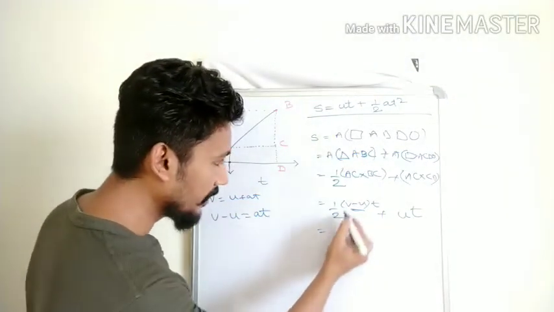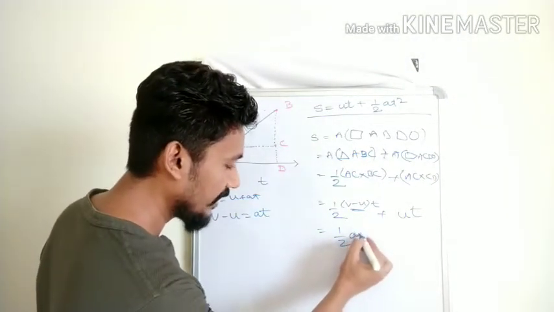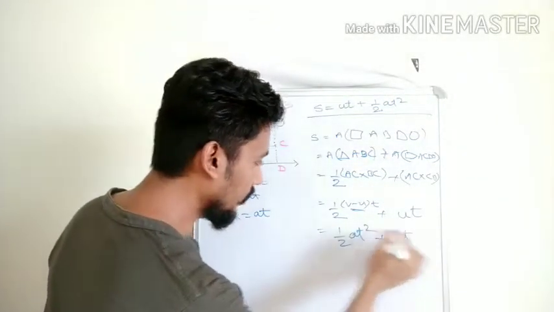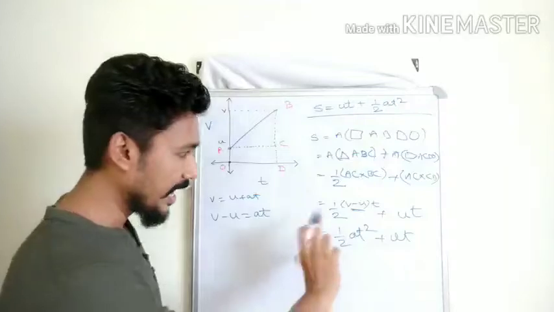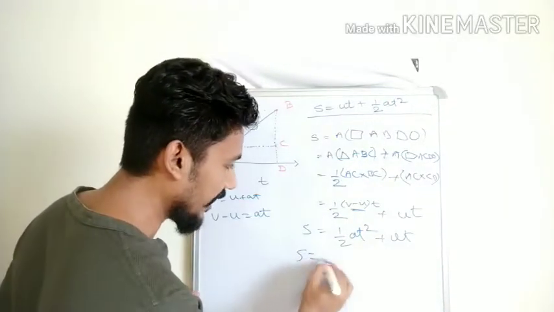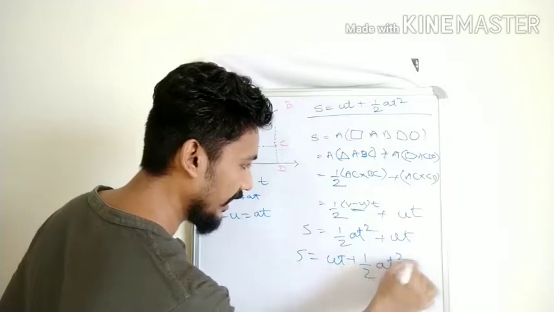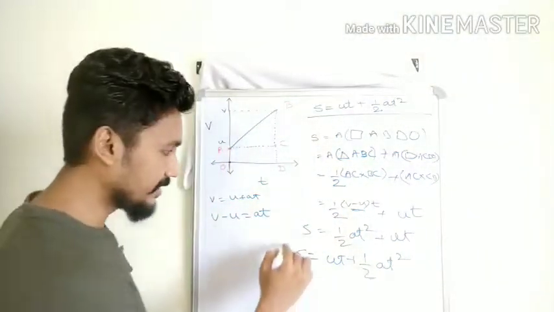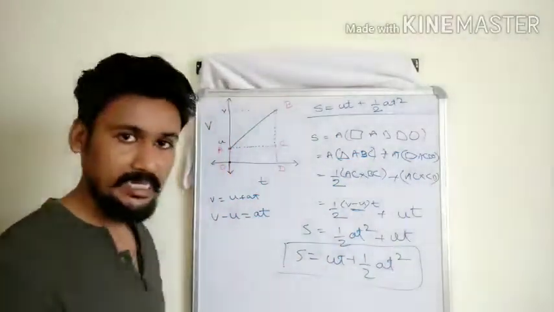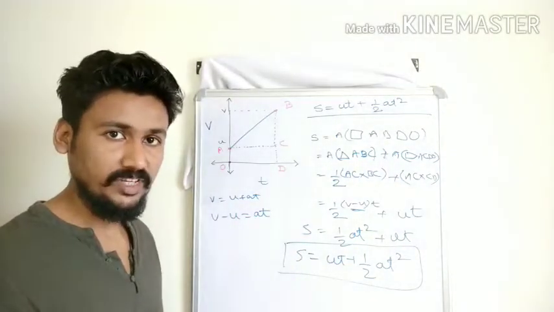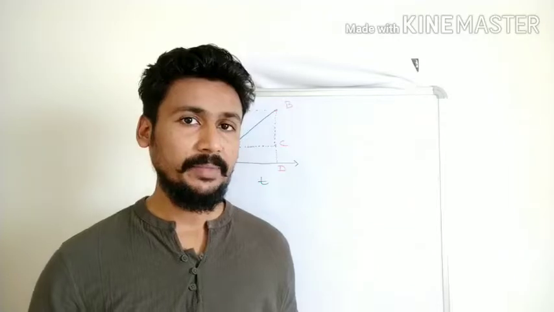This will become half AT square plus UT, and this is equal to S. If you just rearrange, you will get S is equal to UT plus half AT square. This is our second kinematic equation, and this is how we derive it using the graphical method. Once again, let me repeat.